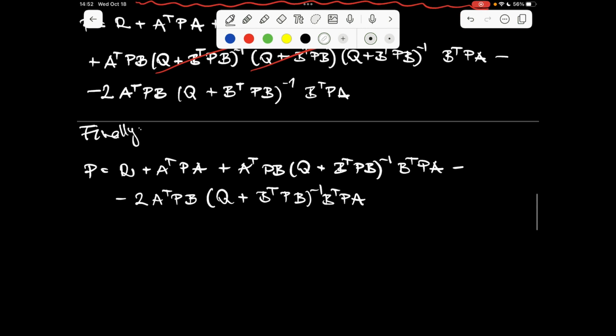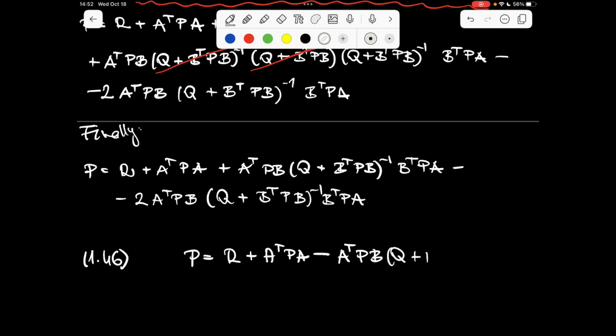Yeah, and so we have equation 1.46, which is important because this is an equation called the Riccati equation.